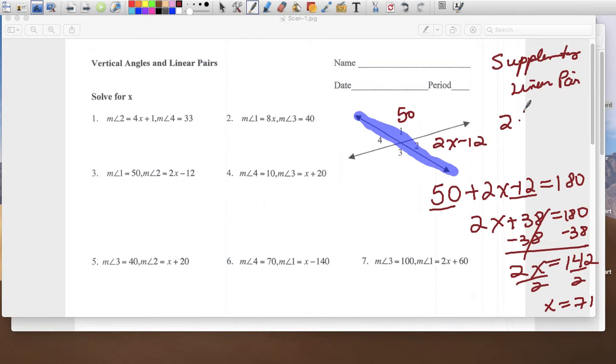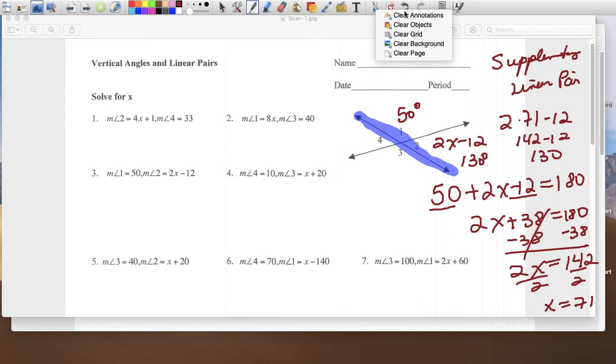It'd be 2 times 71 minus 12. 2 times 71 is 142, minus 12, and 142 minus 12 is 130. And you know that this makes sense because if this is 130 degrees, this has to be 50 degrees, right? Because the sum of them has to be 180. So therefore, I am correct.